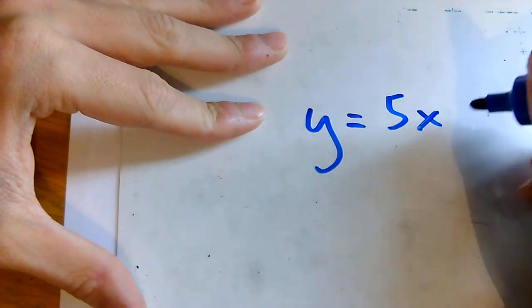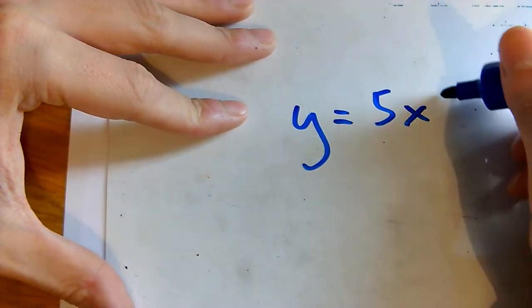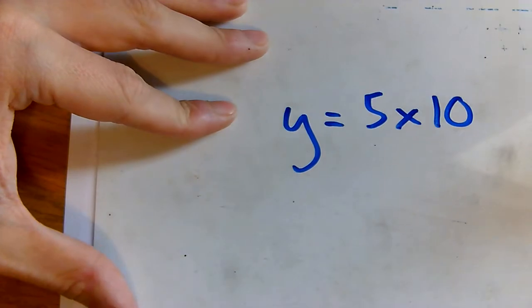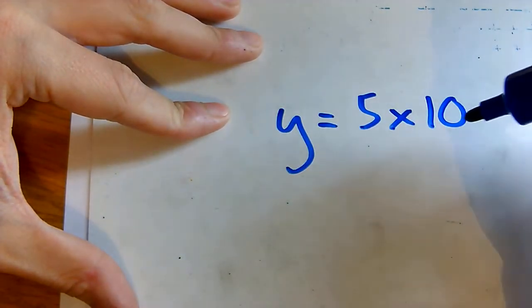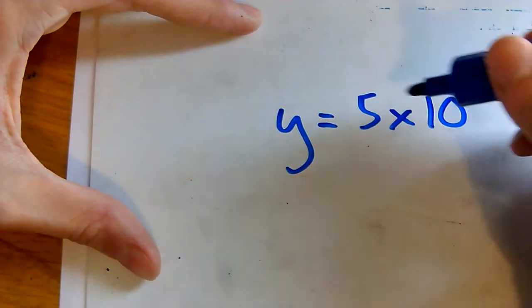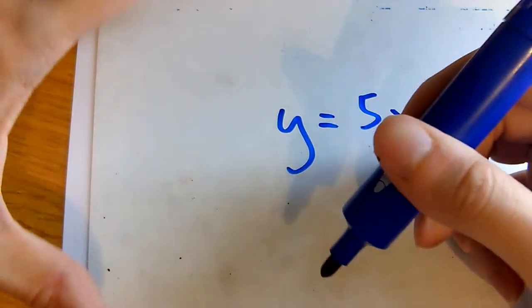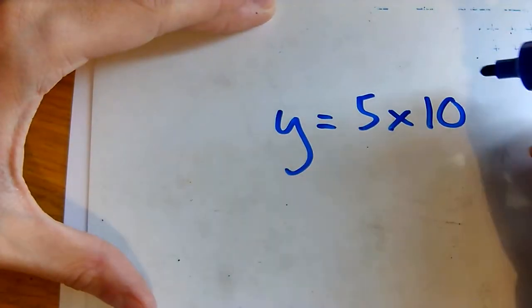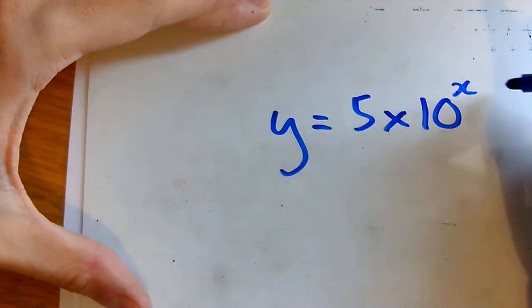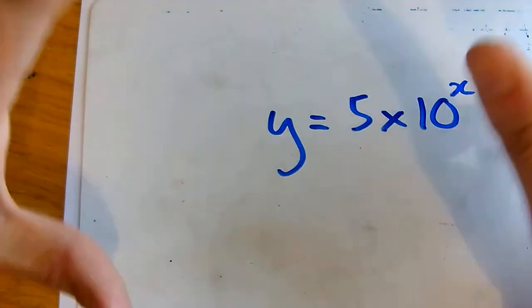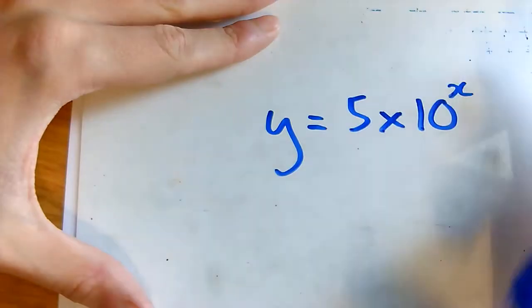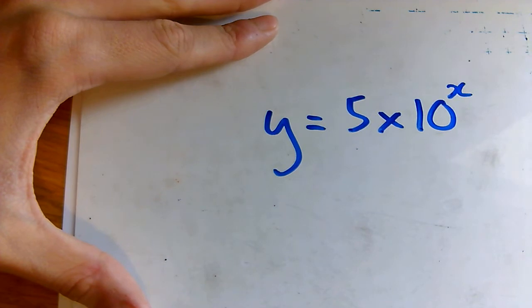It's not really that bad in real life, but let's just use an example. You'd be doing times 10 every day. So then if you're going to the third day, you do times 10 twice, the fourth day times 10 3 times, and so on. So the variable would be this x. And you could do an x minus 1 there, depending on how you start at the end of term, but you generally have this kind of equation here.